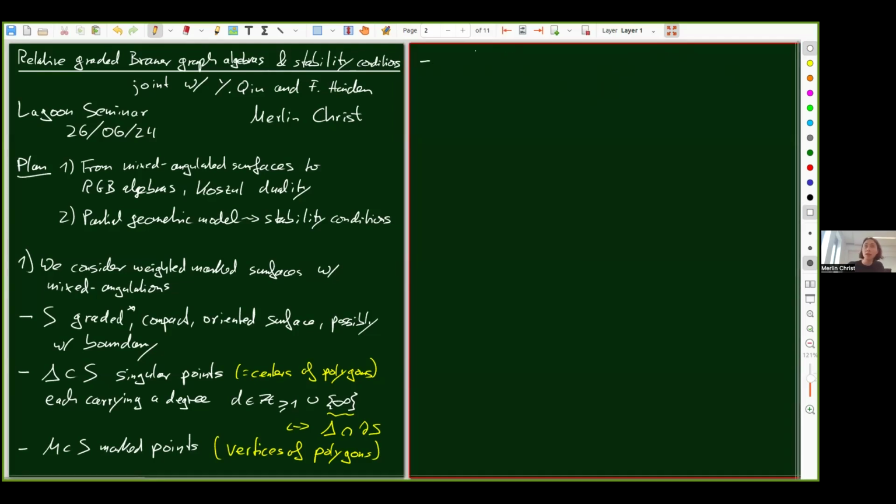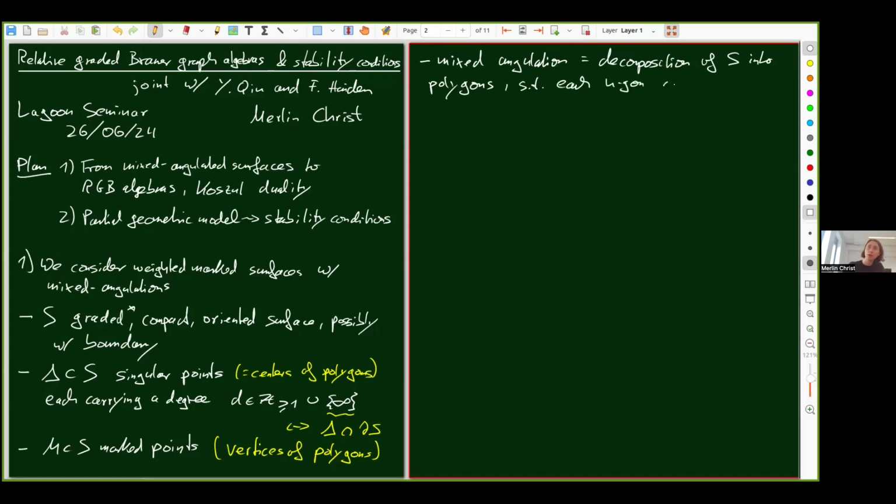If you have this data, a mixed angulation is a decomposition of the surface into polygons such that each n-gon contains a unique singular point of degree n.